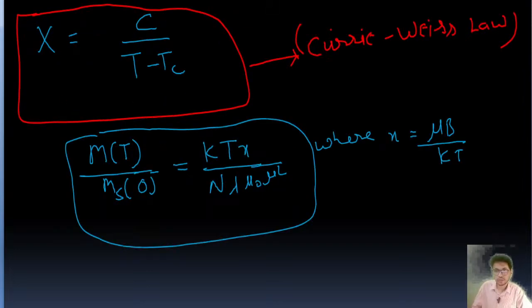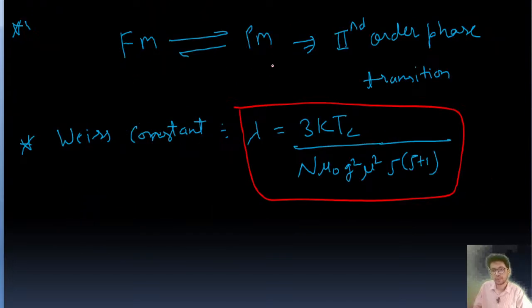This point you also need to note down: at T greater than or equal to Tc, Fm converts into Pm, paramagnetic substance. So this is Fm to paramagnetic, paramagnetic to ferromagnetic.